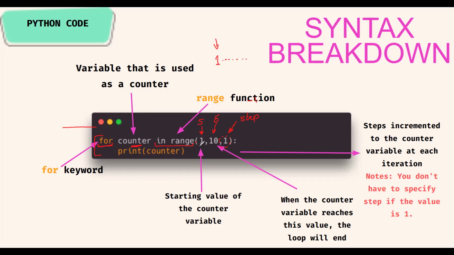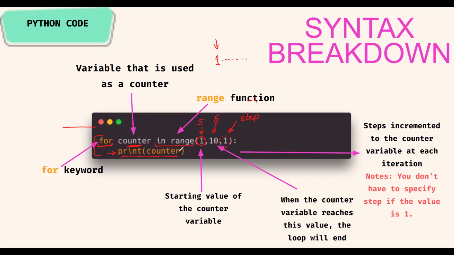Okay. In this specific case, this loop is telling us that we are going to assign a value to the variable counter. The first value we're going to assign to the variable counter is 1 here. And then every time we run this loop, which means that we are executing the line under the loop, which is print in this case.